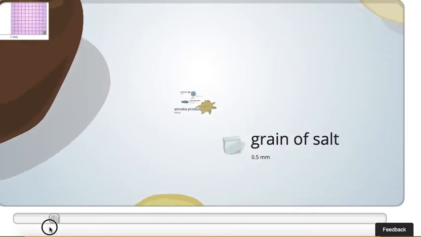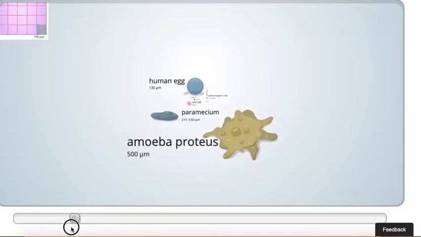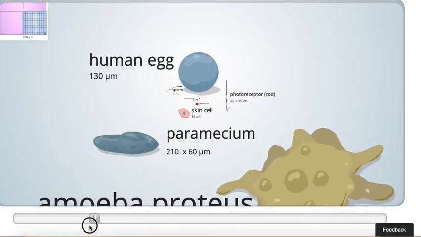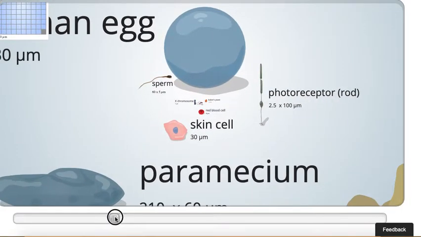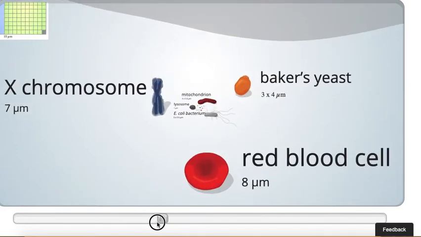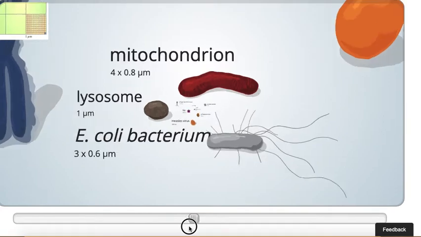So as I go in further and further, there's an amoeba, a paramecium, there's a human egg if I were to scroll in on it, and then further photoreceptors that help us see color, and a sperm, much smaller than the egg. We've got a single yeast and an X chromosome, and bacteria and mitochondria.